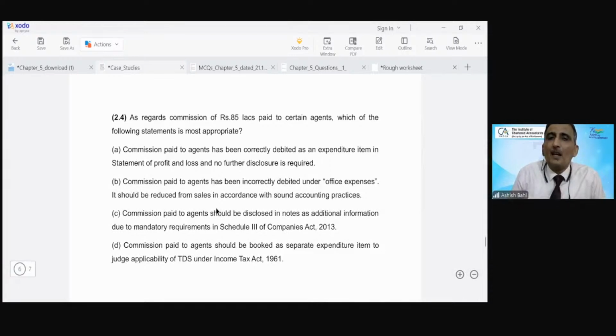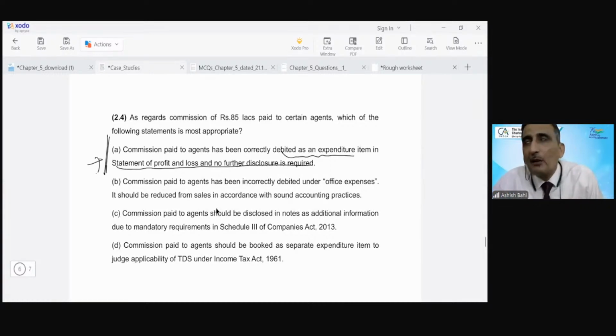So commission paid to agents has been correctly debited as an expenditure item in the statement of profit and loss, and no further disclosure is required. Now, if you read Schedule 3, guys, there is an instruction that if any item of expenditure or income exceeds 1% of the revenue from operations, or rupees 1 lakh, whichever is higher, it has to be disclosed separately.